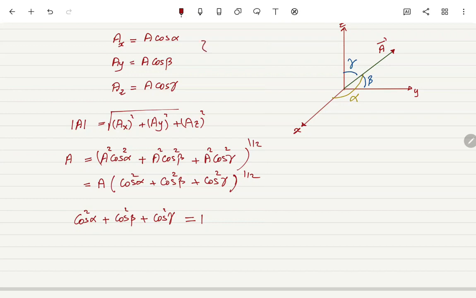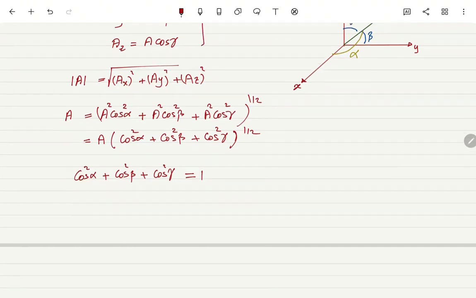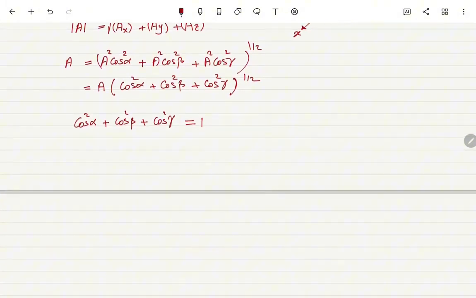Back to the equations here, we can find that cosine alpha equals ax divided by (ax squared plus ay squared plus az squared) to the power half.